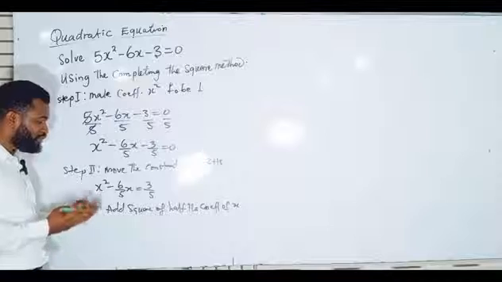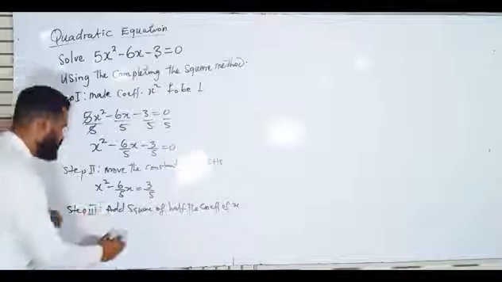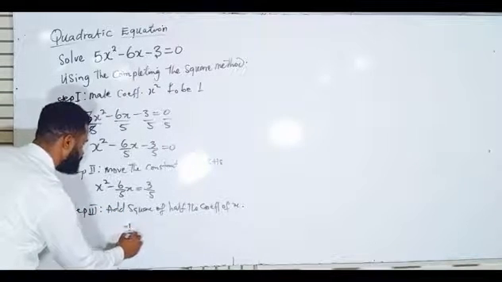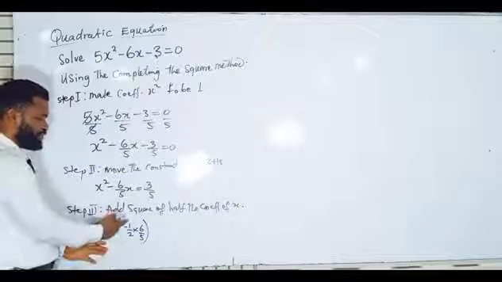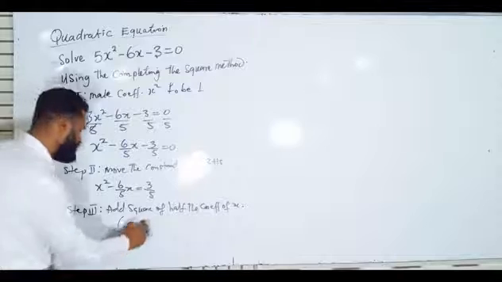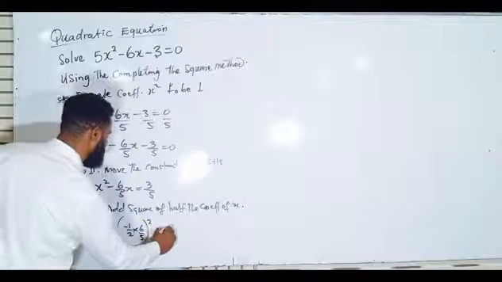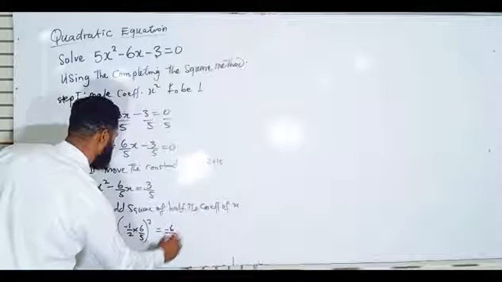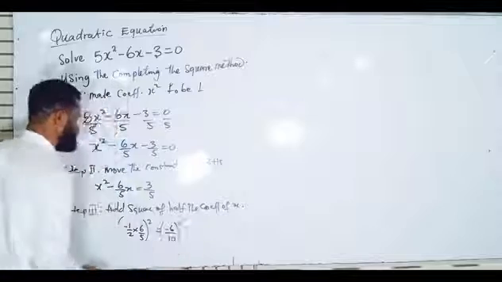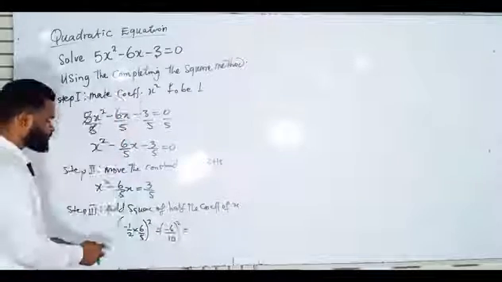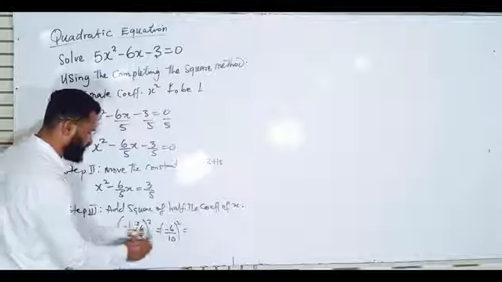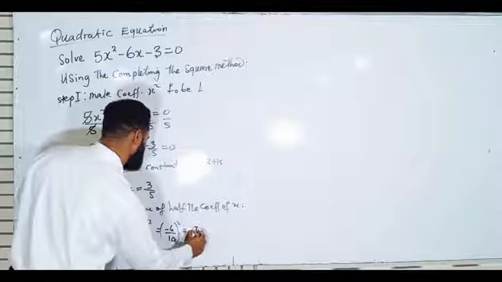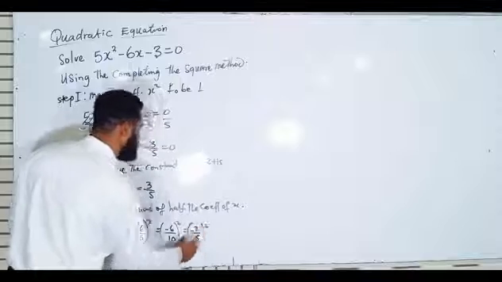In order to find the square of half, I'm going to have minus 1 over 2 times 6 over 5. This is half of the coefficient, but square of half means I'm going to square it. So I'm going to have minus 6 over 10 all squared, which is the same thing as minus 3 over 5 all squared.